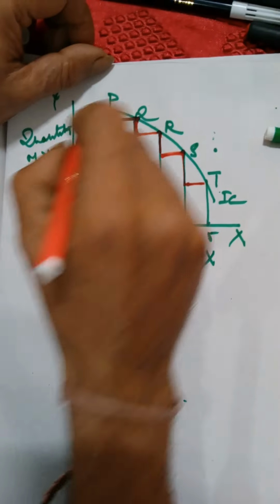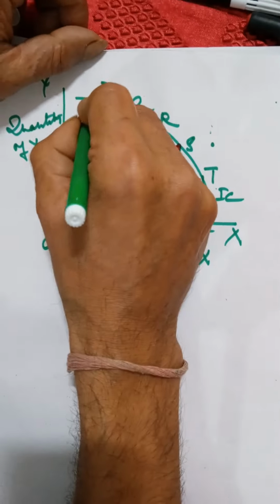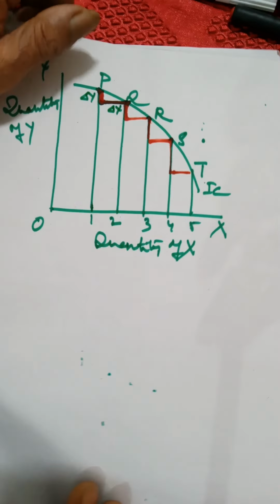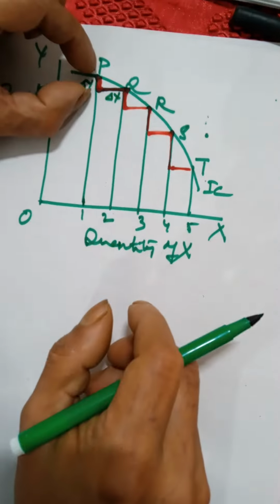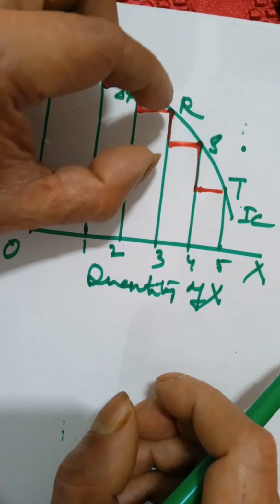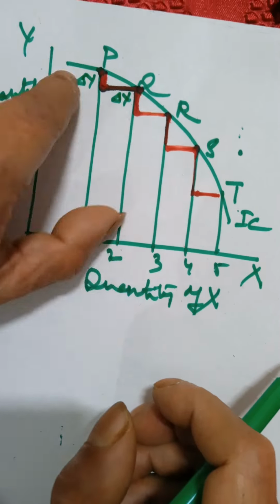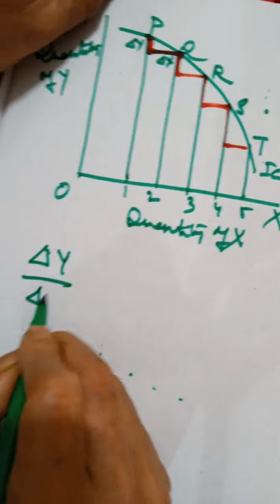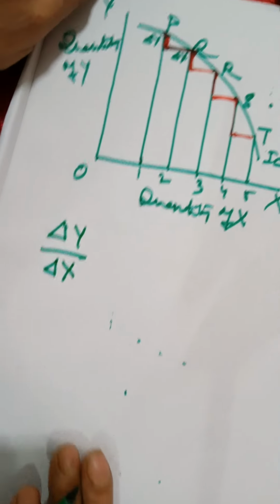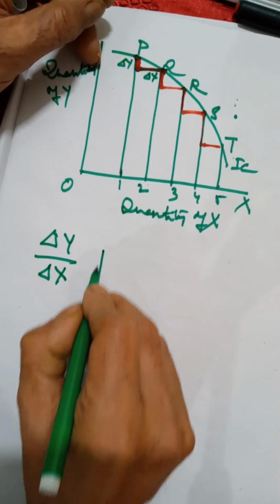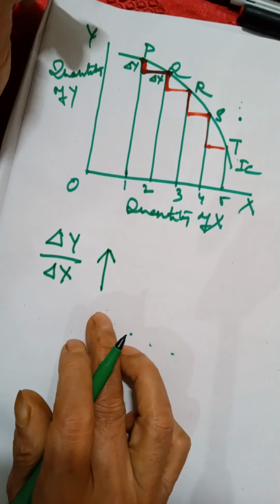So this is delta y and this is delta x. You can see the length of delta y is getting bigger and bigger in every successive combination. So here delta y by delta x goes up, which goes against the law.